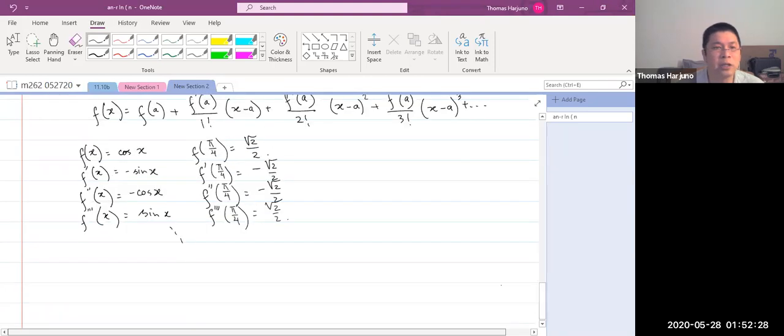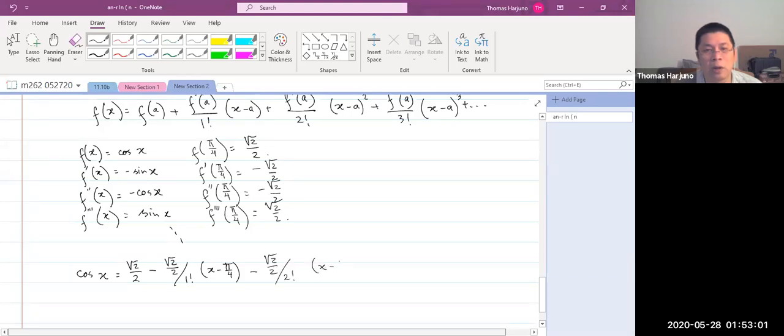So cosine x centered at pi over 4 is radical 2 over 2 minus radical 2 over 2 over 1 factorial times (x minus pi over 4), plus, actually still minus, radical 2 over 2 over 2 factorial times (x minus pi over 4) squared.